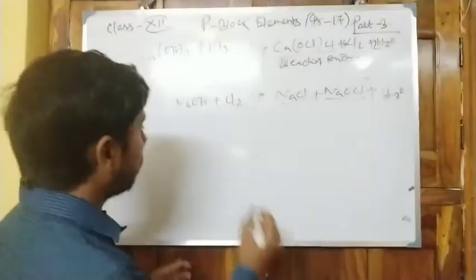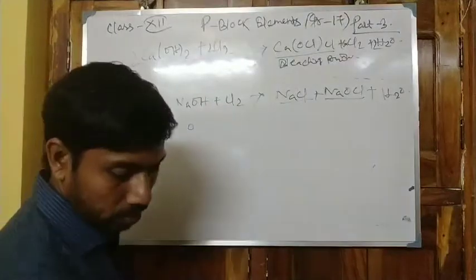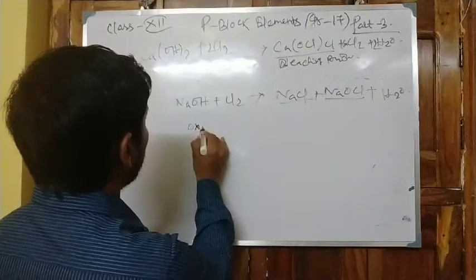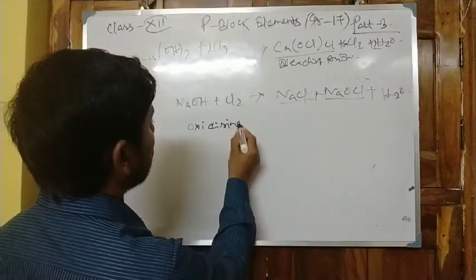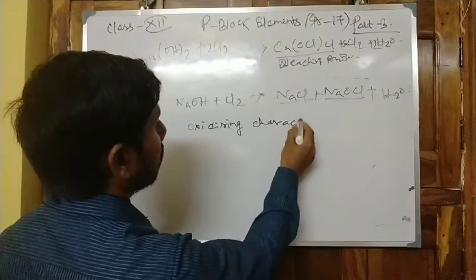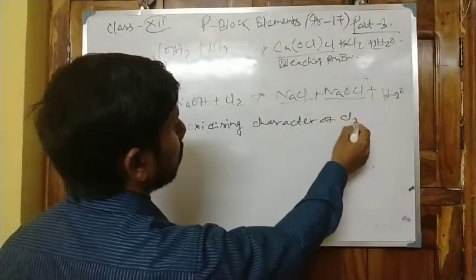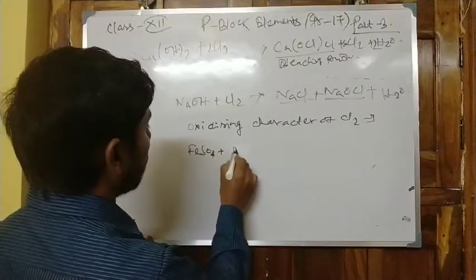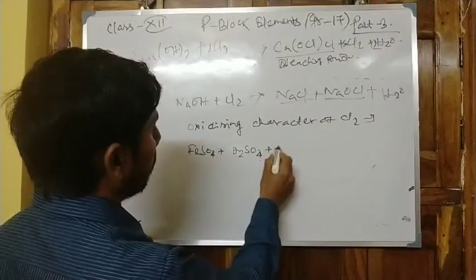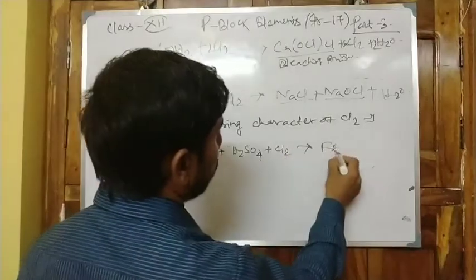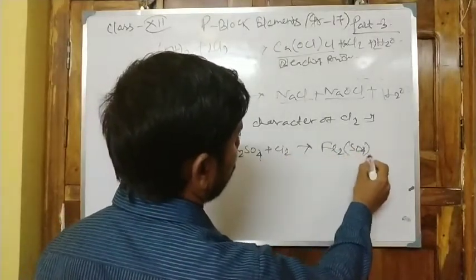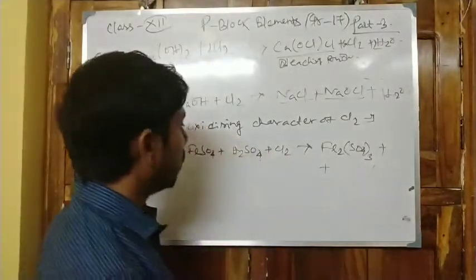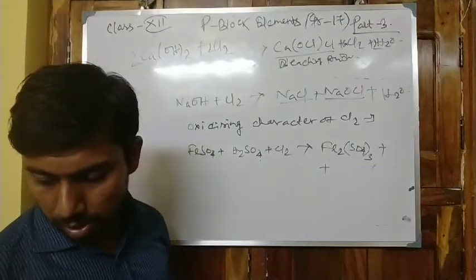So what is the oxidizing character of chlorine? In the acidic medium, it will oxidize ferrous sulfate. FeSO4 plus H2SO4 plus Cl2 gives Fe2(SO4)3 plus HCl.